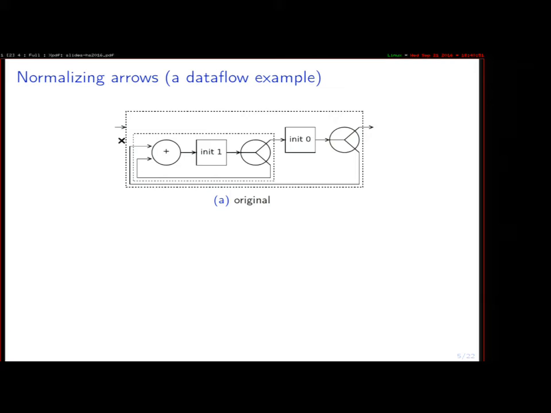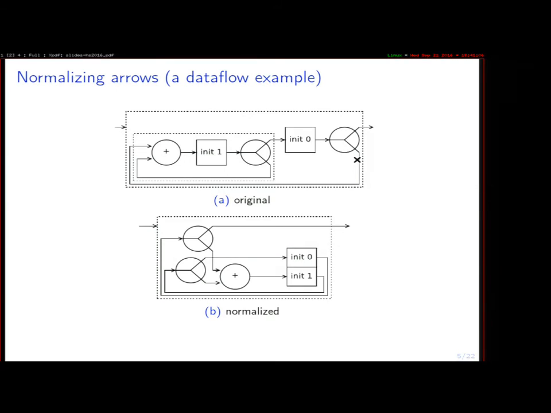So the input is ignored. The computation is entirely based on its internal states, which are introduced by the two square boxes. It turns out this computation can be normalized into the second diagram. In this diagram, you can notice that all the pure computations are grouped together, and all the stateful computations are grouped together.